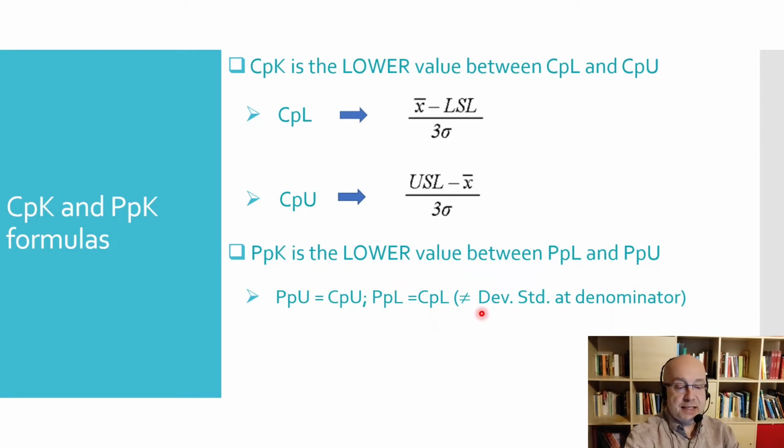The difference is in the standard deviation at the denominator, which has a different meaning. The standard deviation for CPL and CPU is called standard deviation within, while the standard deviation for PPU and PPL is named standard deviation overall.